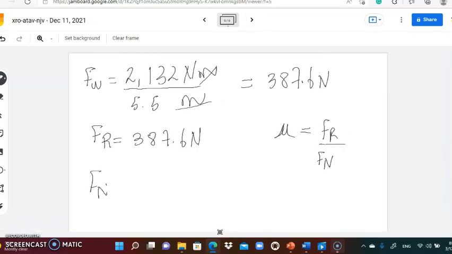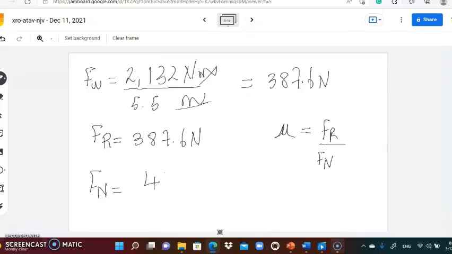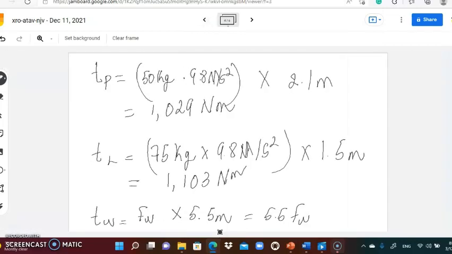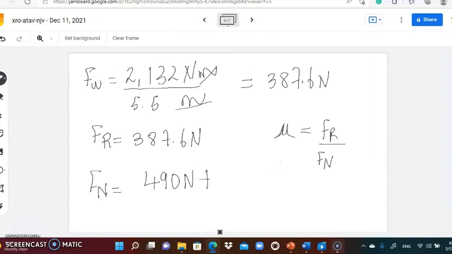So my normal force, Fn, is going to be the weight of that person, which is 50 kilogram times 9.8 meters per second squared, and that is going to give me 490 newtons, plus the weight of the ladder due to gravity, which is 75 times 9.8, which is going to be 735 newtons.